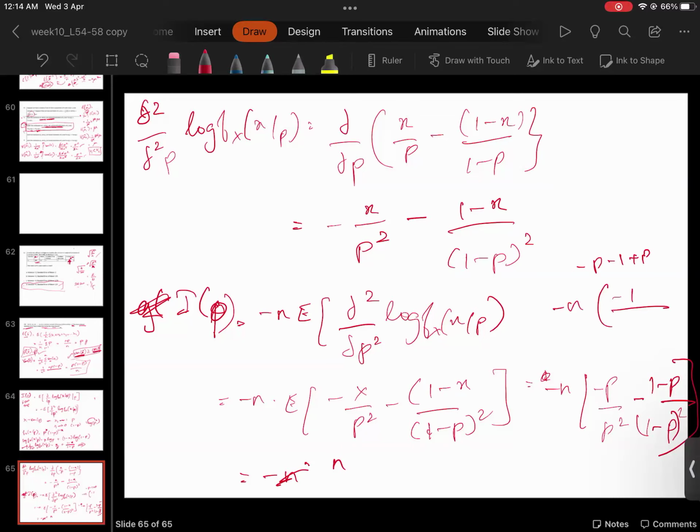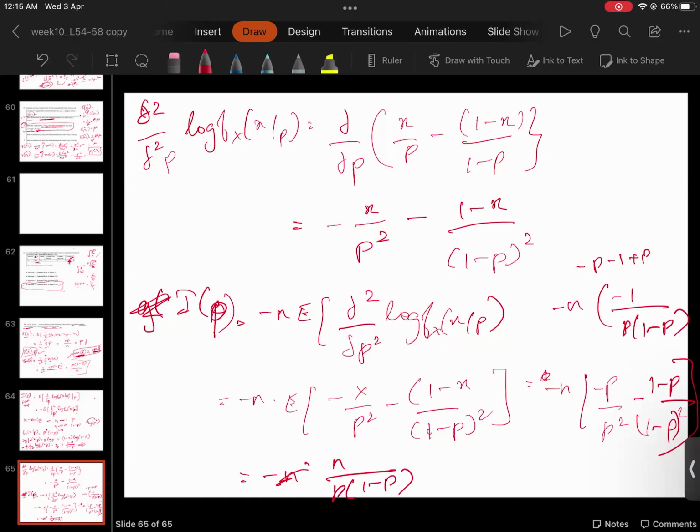Minus 1 in numerator divided by, so if you solve this, you'll have n by p into 1 minus p.